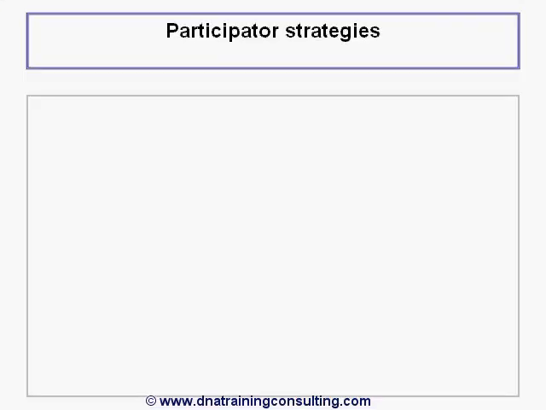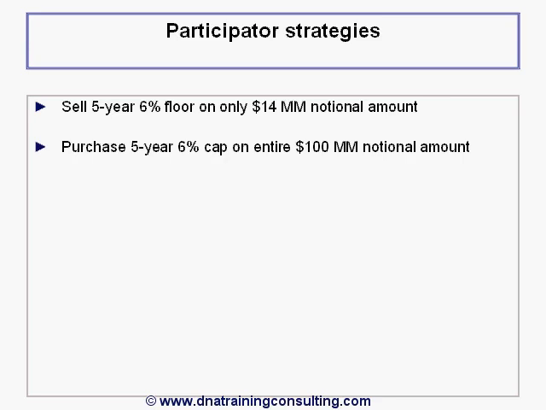So one strategy known as a participator, and analogous to one that is commonly used in FX hedging and discussed in our parallel module managing foreign exchange exposures, is to sell this 6% floor but on only some $14 million of notional, so as to preserve for the borrower the ability to reap significant benefits from declining LIBORs, while being protected if LIBOR rises any further from its current level of 6%.